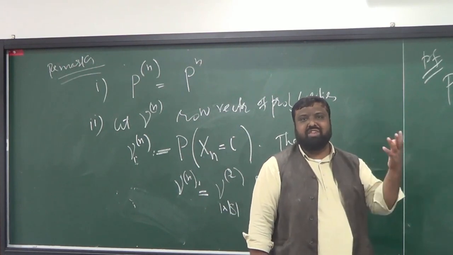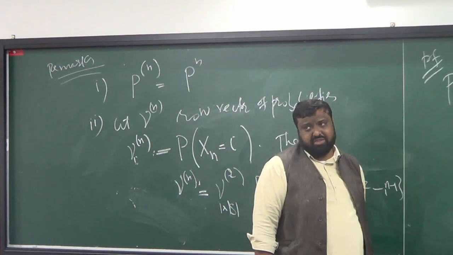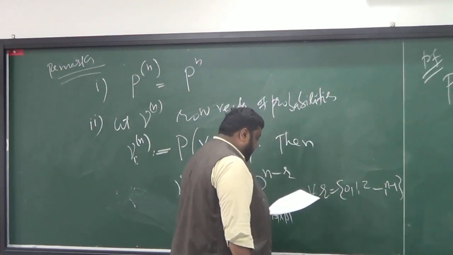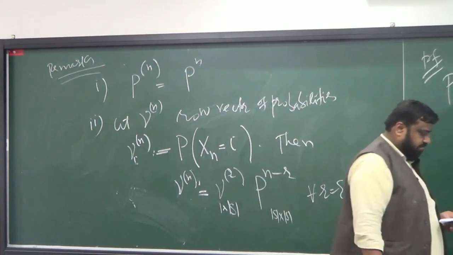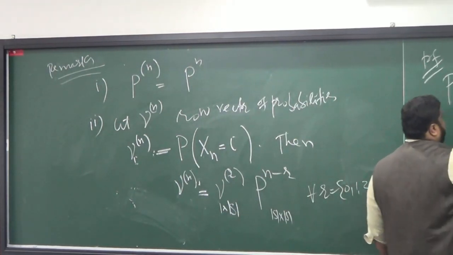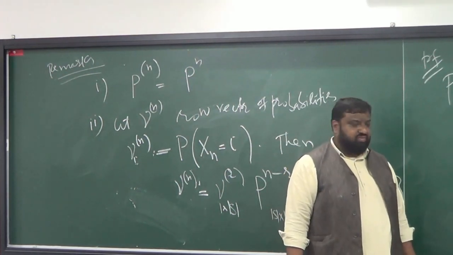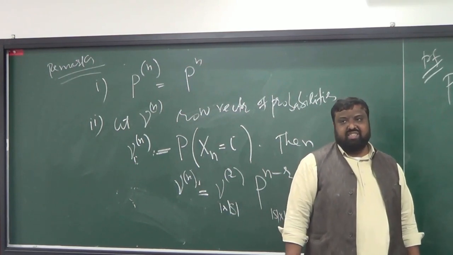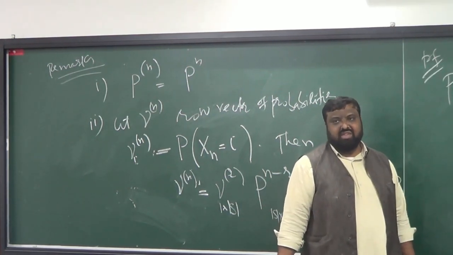So the probability that X_n is j is going to be what? If I am in state j, at time n minus 1 I can be in any state.